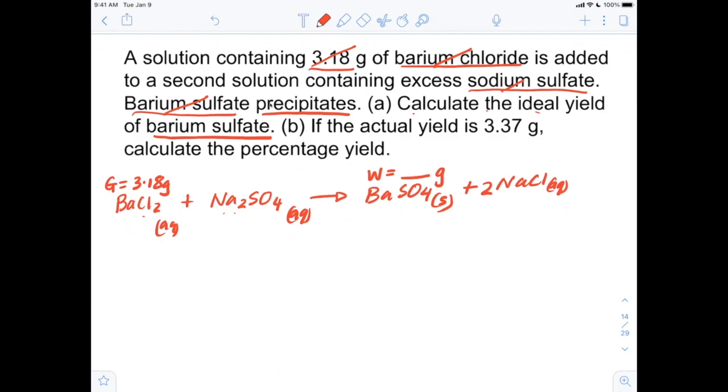I have to write my conversion factor conversion starting with barium chloride, ending with barium sulfate. So mass of given, grams of given, 3.18 grams barium chloride. Oops, I'm about to misspell a word. Okay, barium chloride right here.